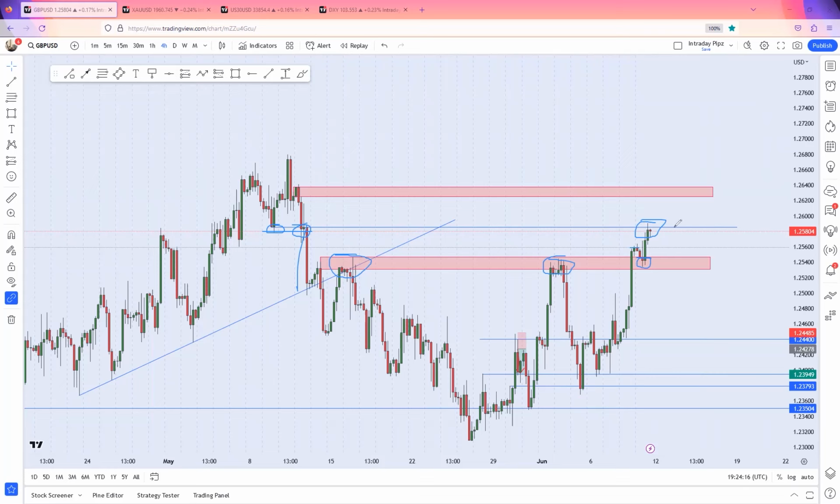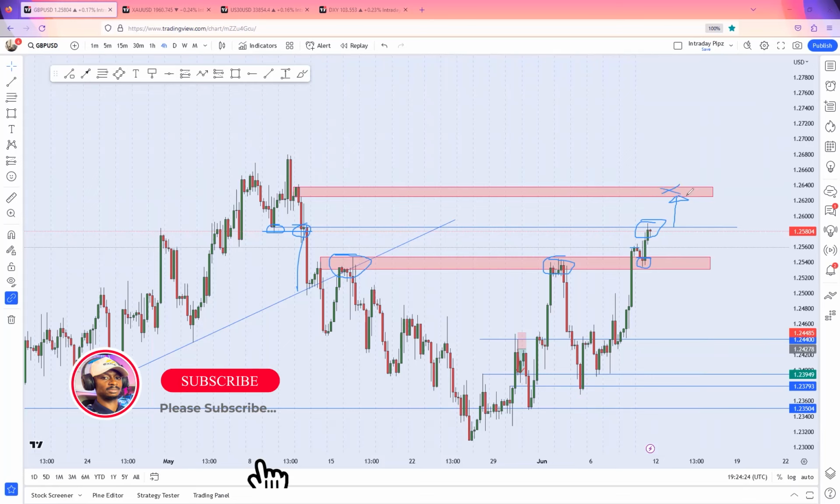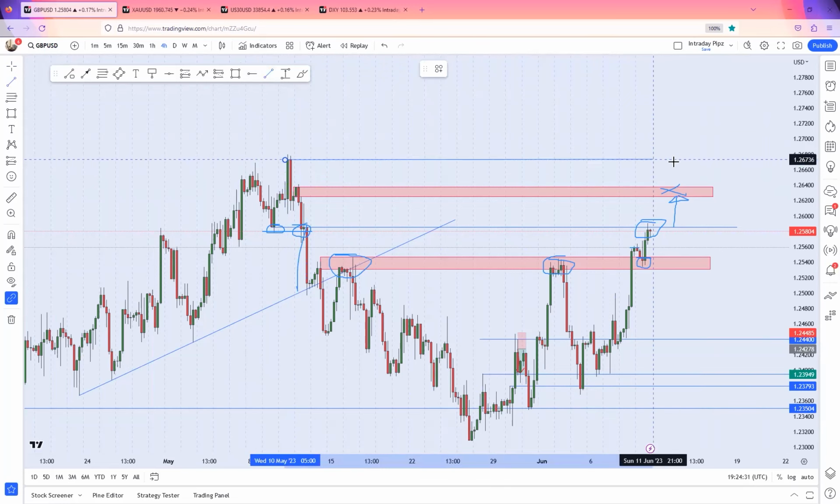Now there's a clear range to the left-hand side, so I'm expecting GBP/USD to continue bullish at least to this area, and with volume on our side, we might see GBP/USD trade into this price area, which is 1.2672.